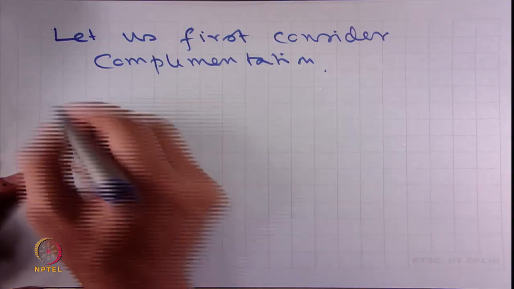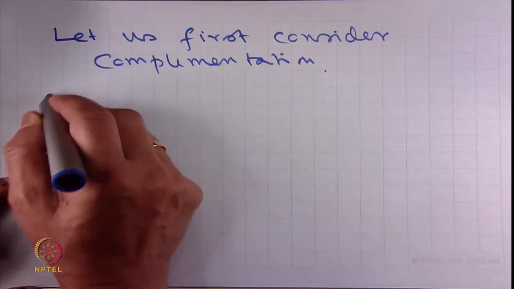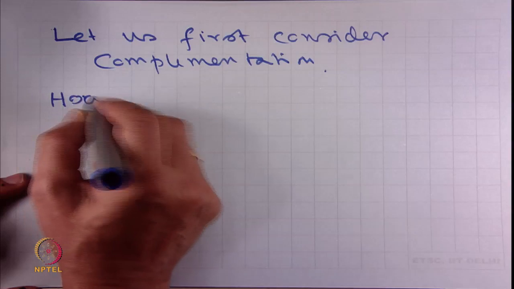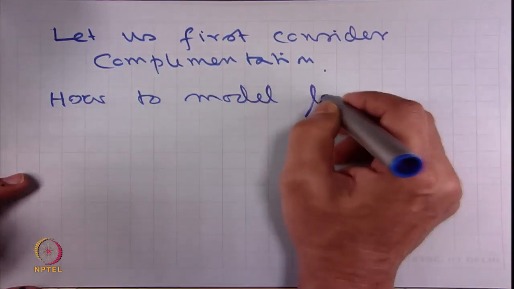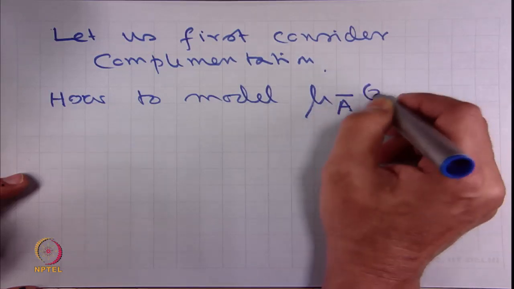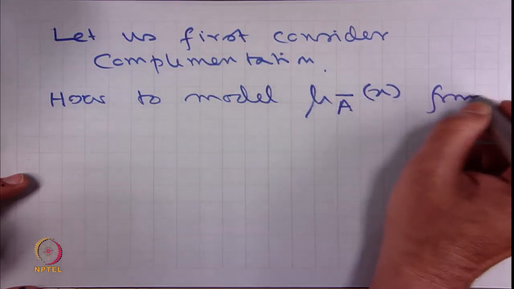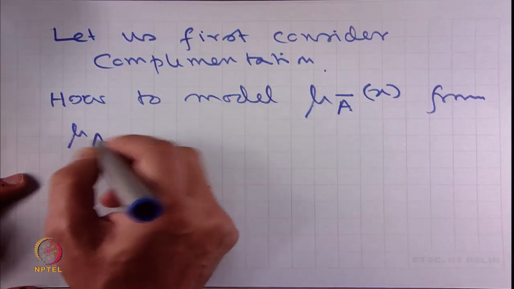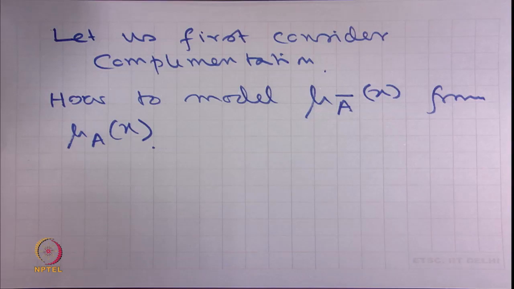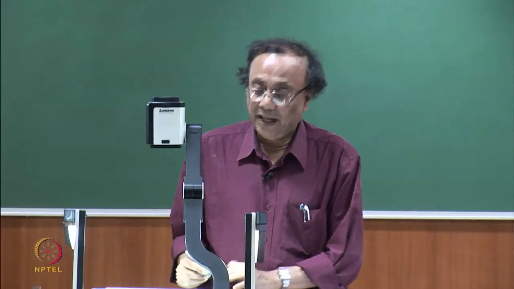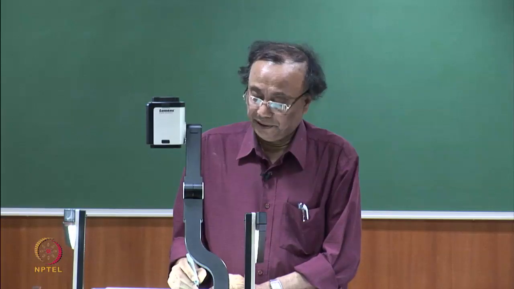So, how to model mu a complement of x from mu a of x. Actually, we will see that sometimes complementation may have different interpretations.